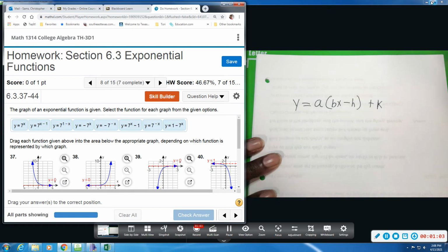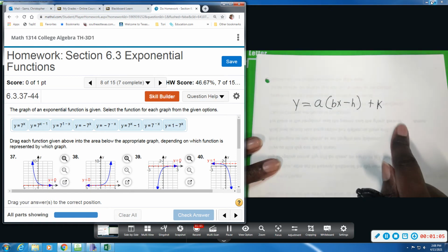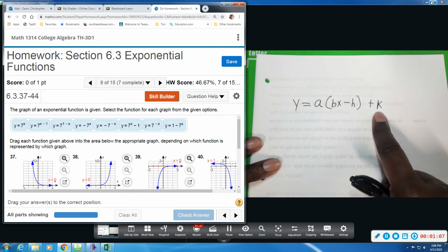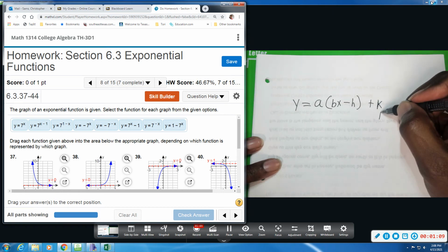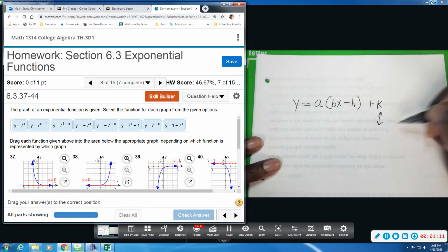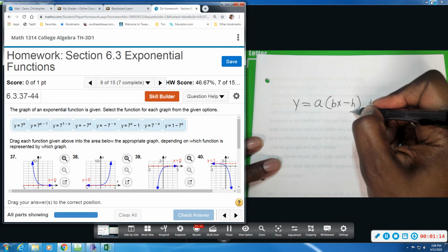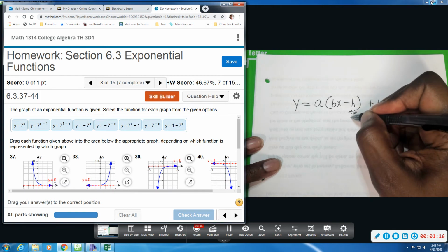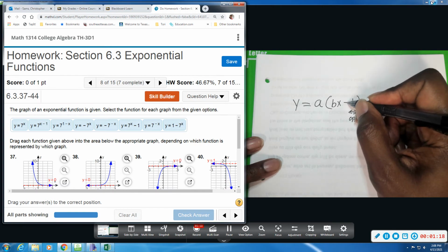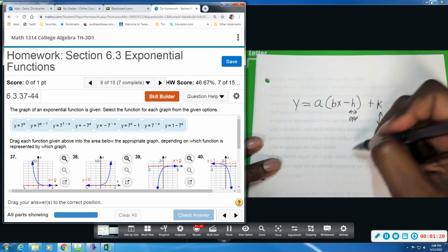So this was like the general form of the transformation. This guy at the back separated would go up or down. This guy right here would go left or right, but it would do the opposite of what we saw. So if we saw negative, that means right, positive means left.